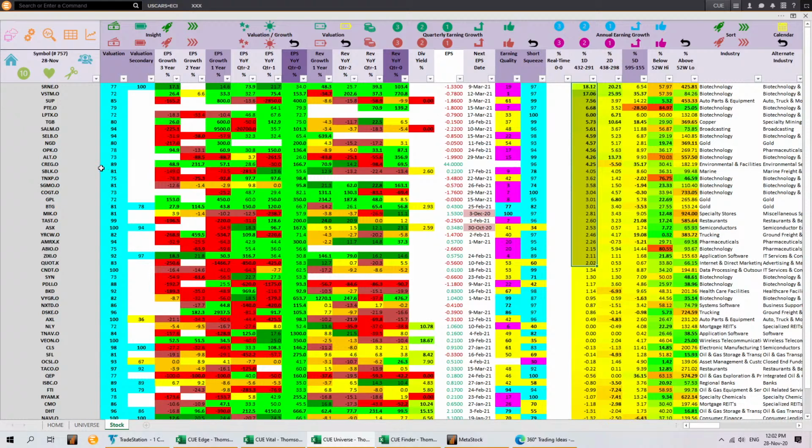Instead, let me look them up on Edge, meaning I'm not going to open their charts right now. I'm going to see which industries are stronger, and I can see the industries here. Let me look up the industries first by clicking the gear icon.